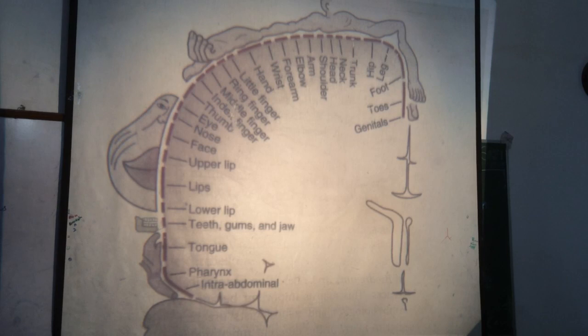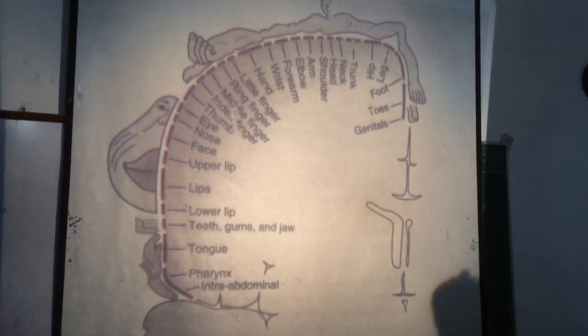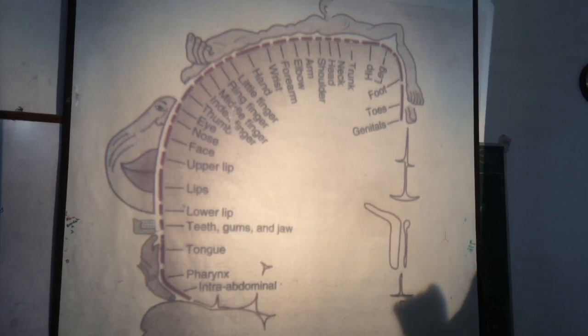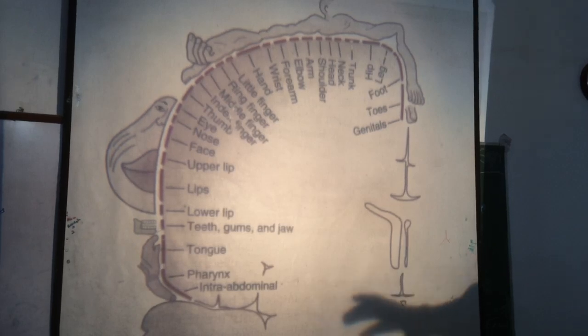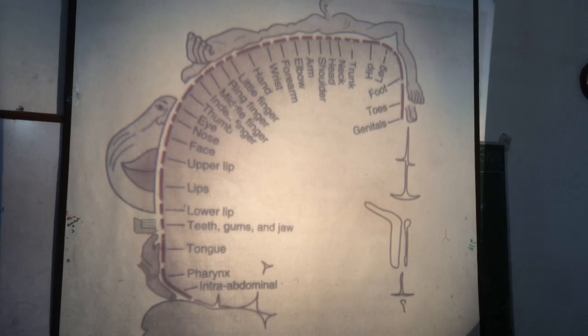Now the efferents from this area go to the spinal cord as the corticospinal tract.